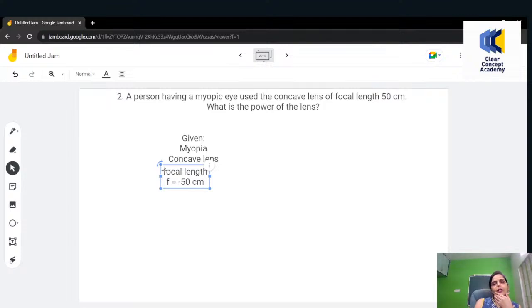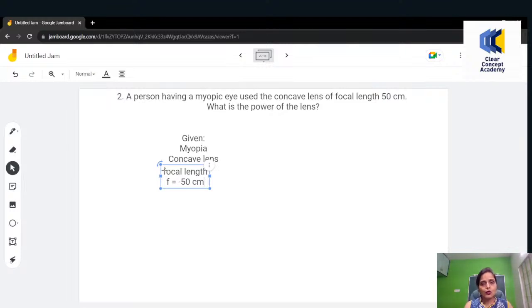What is the formula to find the power of the lens? The formula is P is equal to 1 upon f, provided the focal length of the lens is expressed in SI unit, and SI unit of length is meter. Is the focal length given in meter? Is it expressed in SI unit?